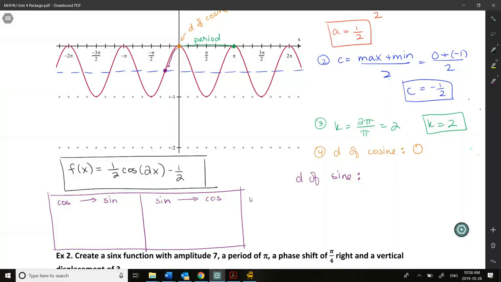Agreed? Okay, I'll say it one more time. The rising midline, this guy right here, that rises up into a maximum, will always be further left than the maximum. Agreed? Because that rises up into a maximum. So the d value shift for sine will be further left than the cosine d value.